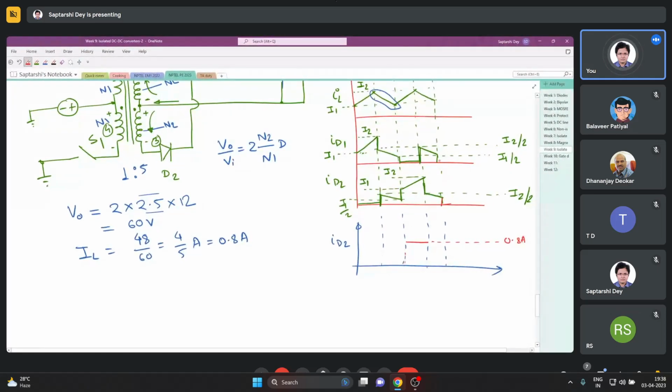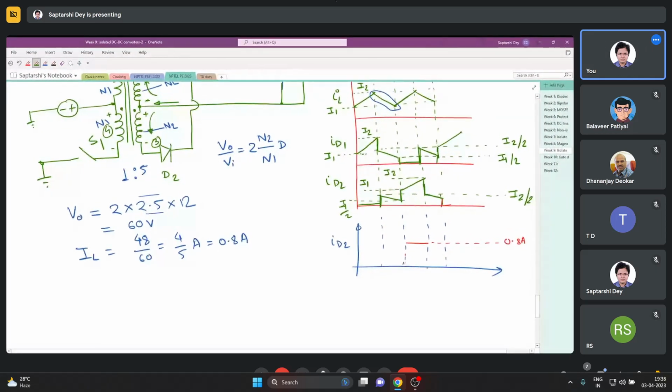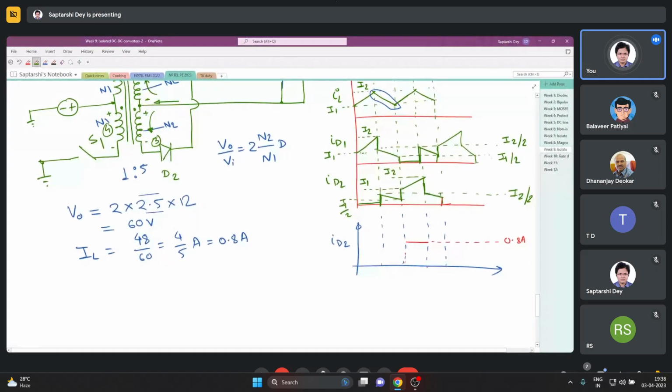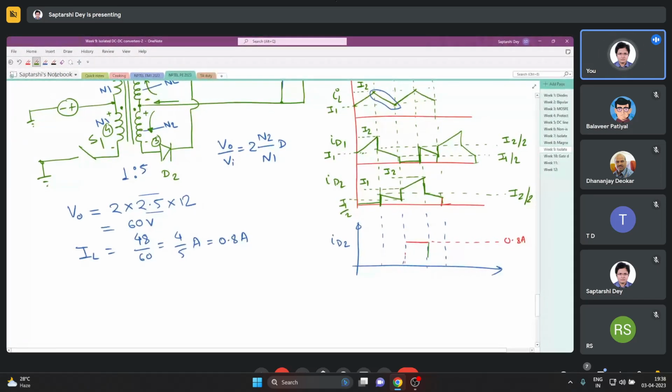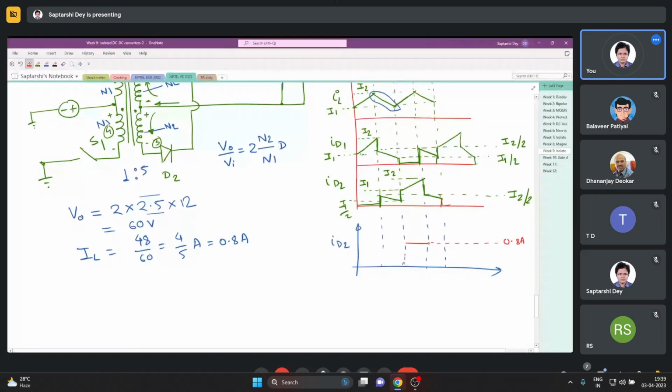I could have drawn another cycle also here. Anyway, I am drawing for D2. So 0.8 comes, no question of rising or falling because it's flat top.